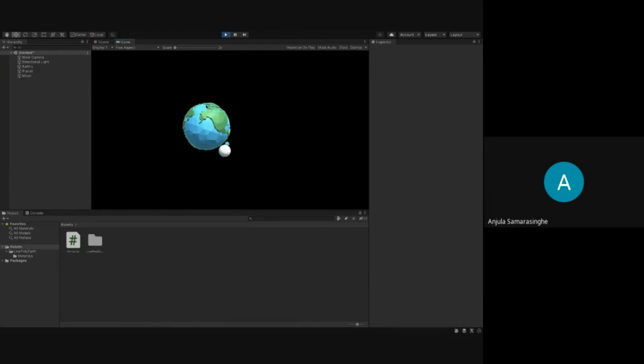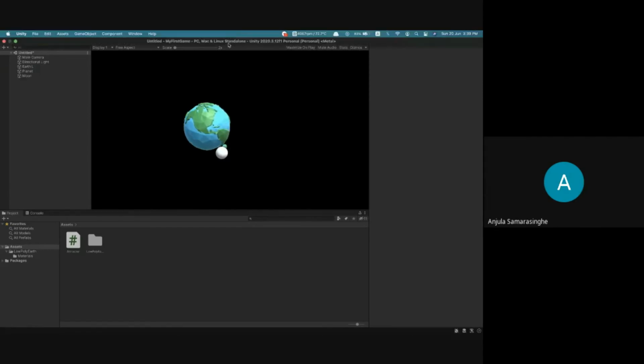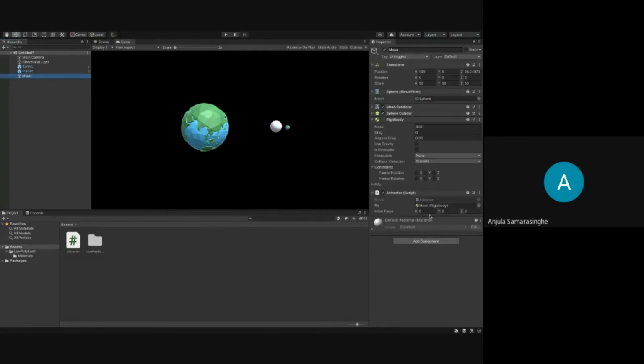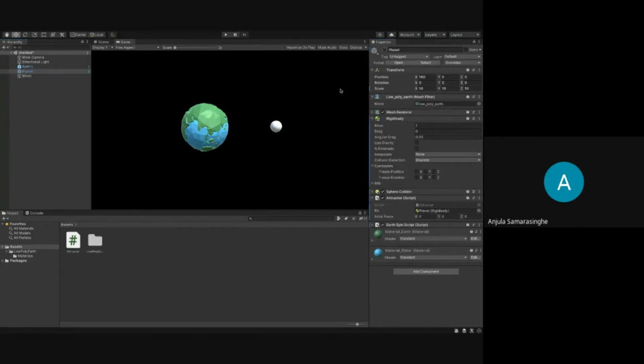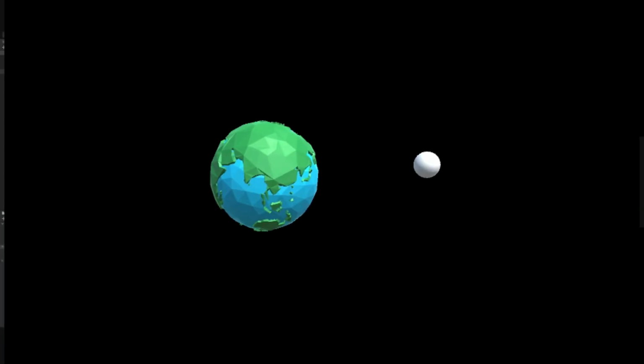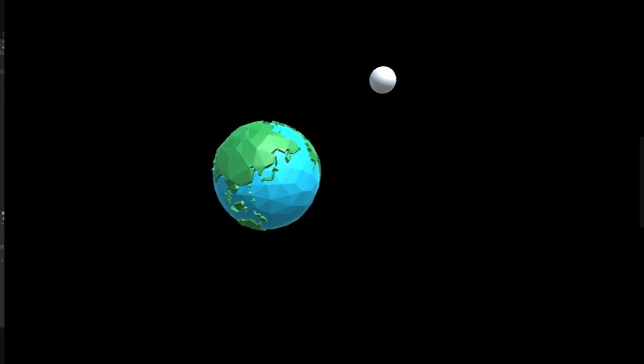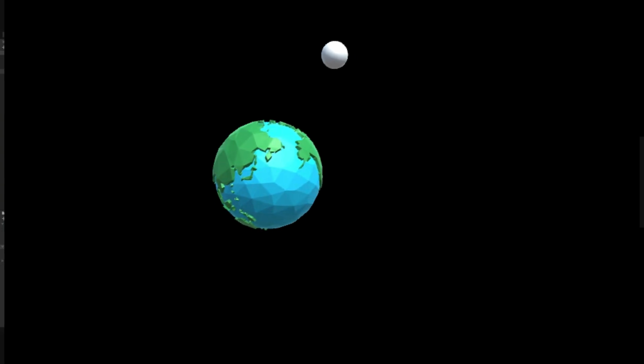So in order to simulate that, I'm going to stop the simulation, and I'm going to give a force to the moon in the y direction. Now I'm going to remove the small planet. If I run this now, as you can see, the moon orbits around Earth.